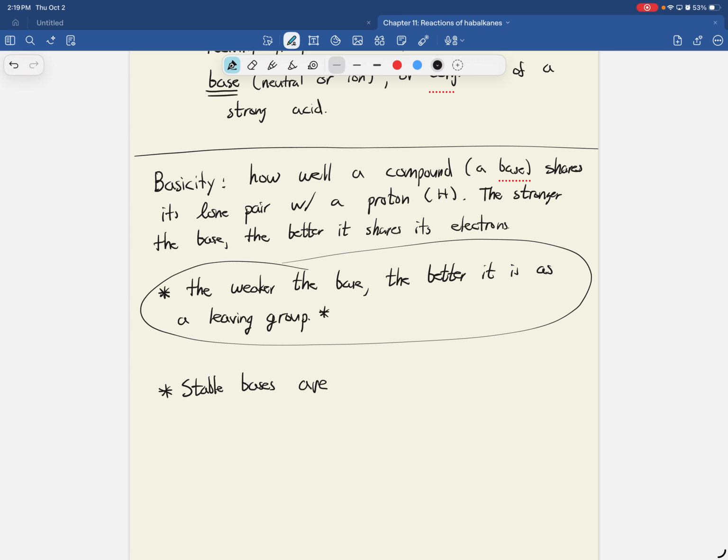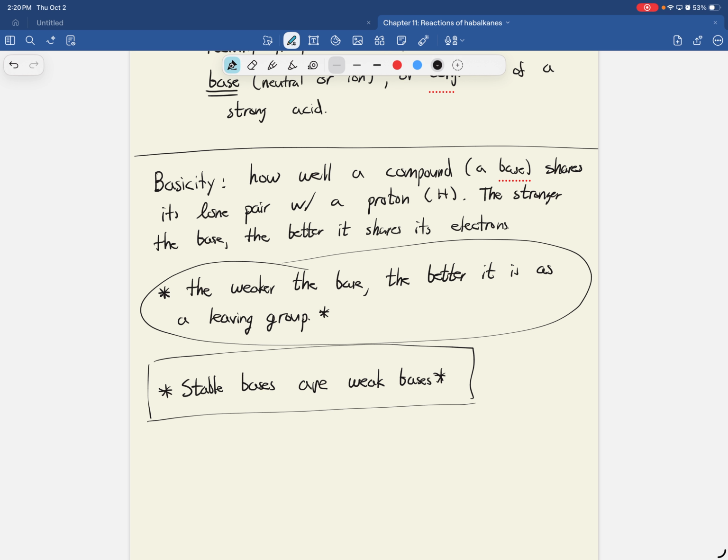So it wouldn't be considered stable. So stable bases are ones that don't want to act as a base. They're happy as they are. So we call them weak bases. All right. I boxed this one too.